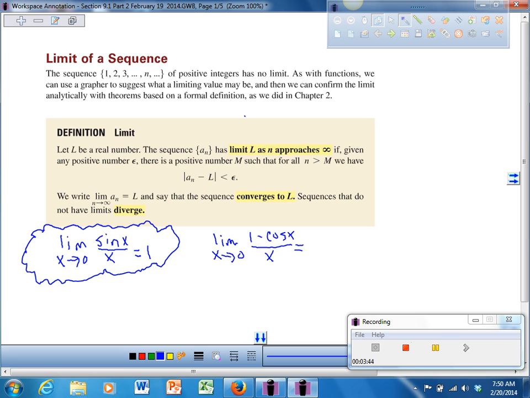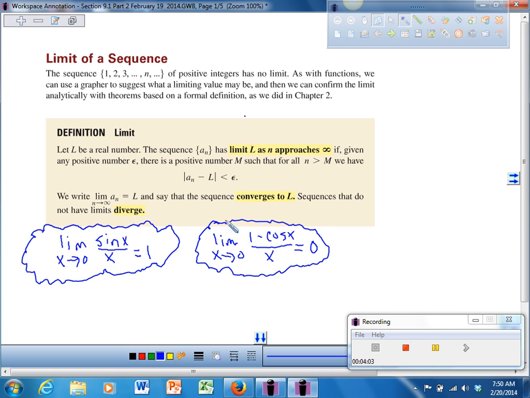It doesn't come up as often as sine x over x. This one is equal to 0. Yes, is equal to 0. And they're just two limits you want to have in your back pocket. They can make simplifying certain problems much easier. Okay. You will run into this one in the homework for this section.